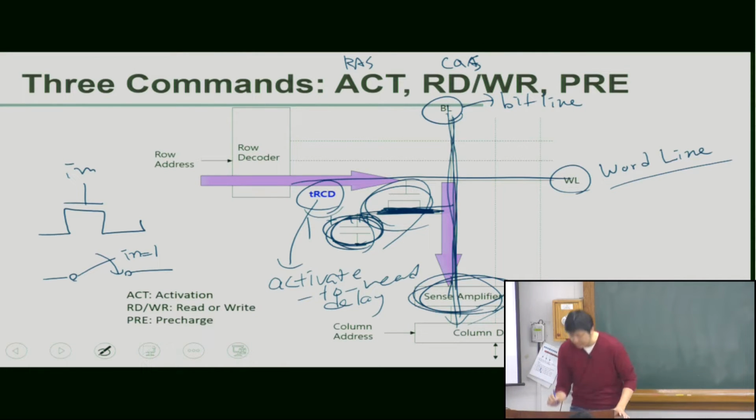So after this amount of time, these values can be read or written by an outside request. So now you are ready for a column request. That's the activate-to-read delay.